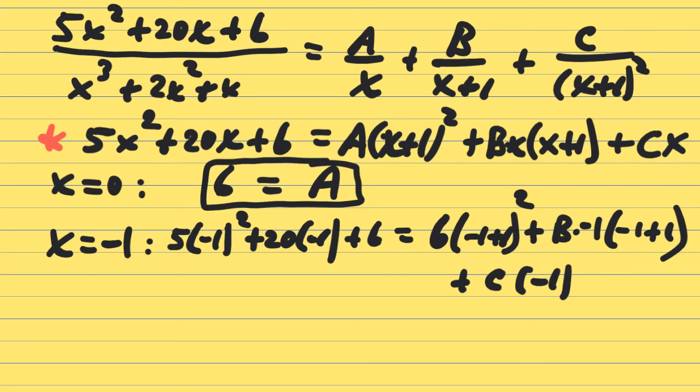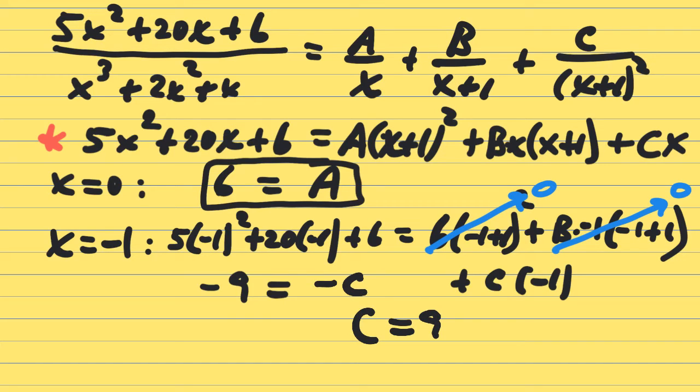On the left side, we're going to get a total of, let's see, that's going to be 5 minus 20 plus 6. If my math's right, I think that comes out to -9. On the right side of the equation, -1 plus 1 is 0, so this term goes away. Same thing in the second term, -1 plus 1, that goes away, leaving us with -C. So that tells us C is equal to 9.